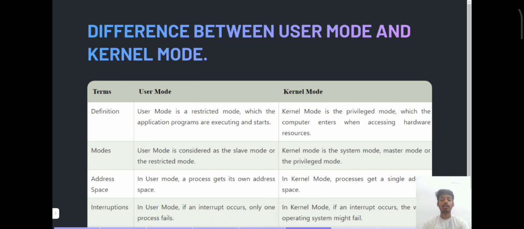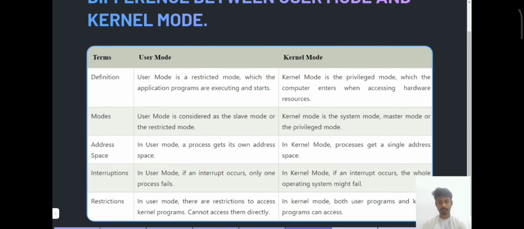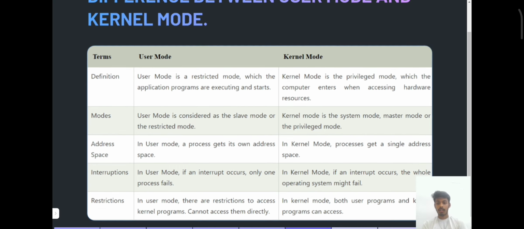Interruptions. In user mode, if any interrupt occurs, only one process fails. In kernel mode, if an interrupt occurs, the whole operating system may fail. Restriction. In user mode, there are restrictions to access kernel programs, they cannot be accessed directly, whereas in kernel mode, both user programs and other programs can be accessed.